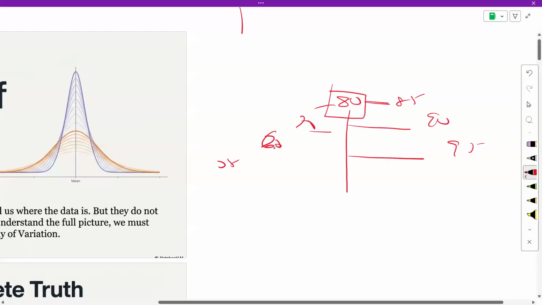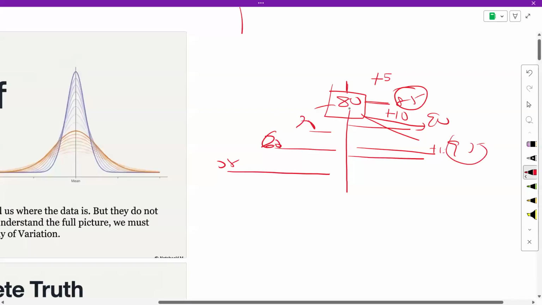How far does it vary? For example, this is the expected one, no? You get 85, so the variation is plus 5. And here 90 marks, variation is plus 10. Here variation is plus 15. Or sometimes the variation may be adverse.